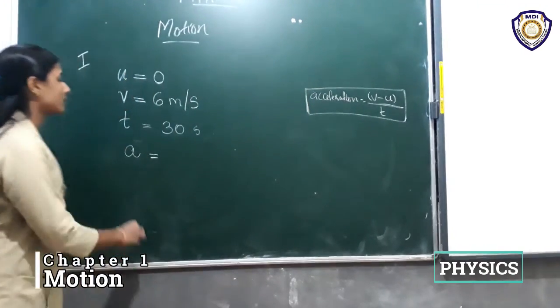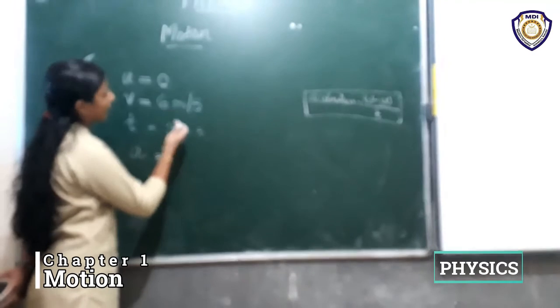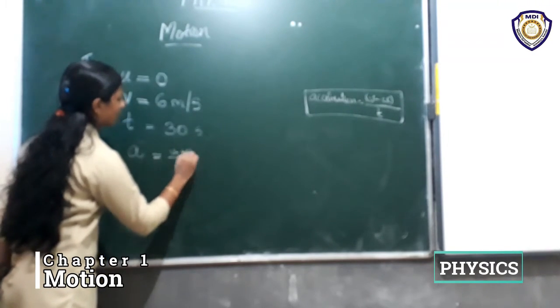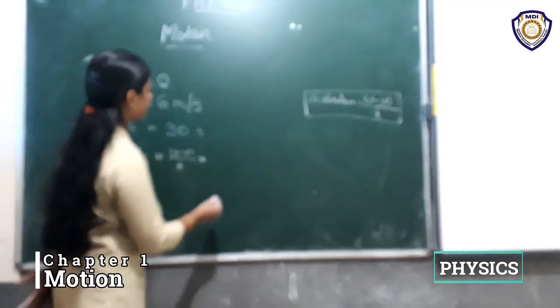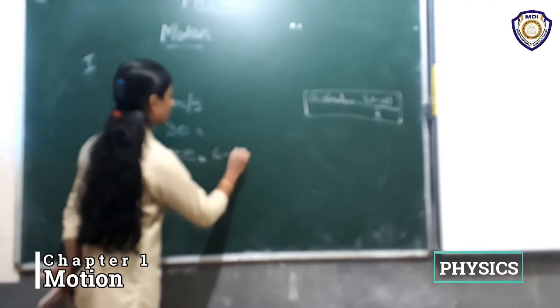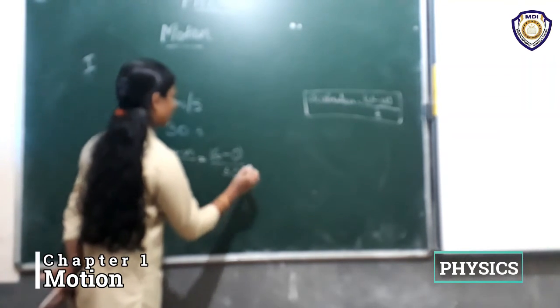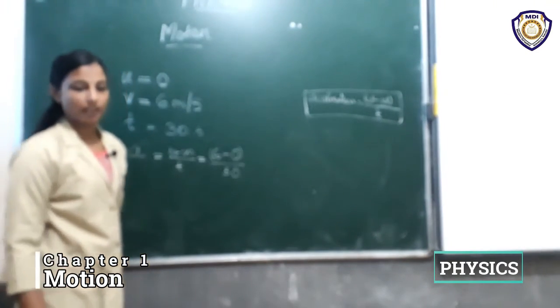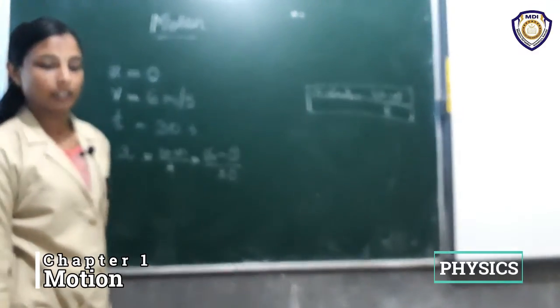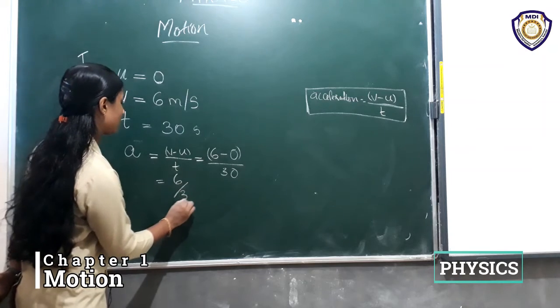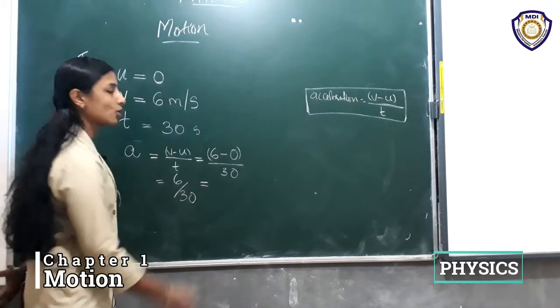So what is the acceleration here? What is v minus u by t? It's equal to 6 minus 0 by 30. What will be the answer? 6 by 30. It will be equal to what?